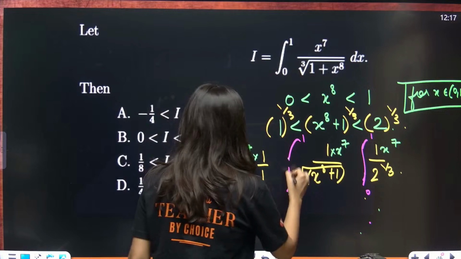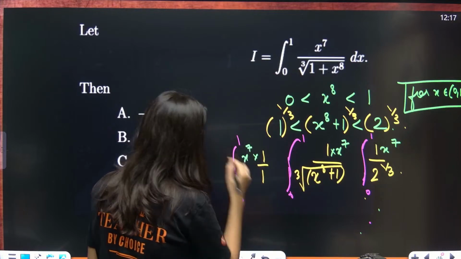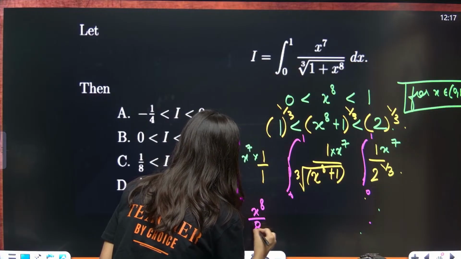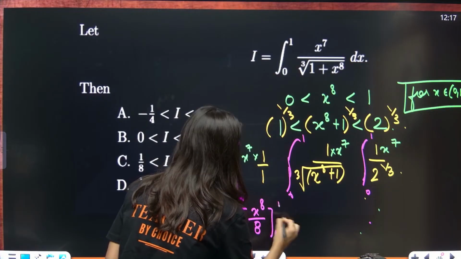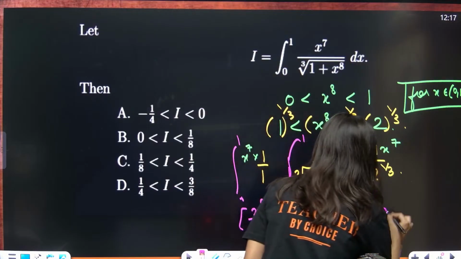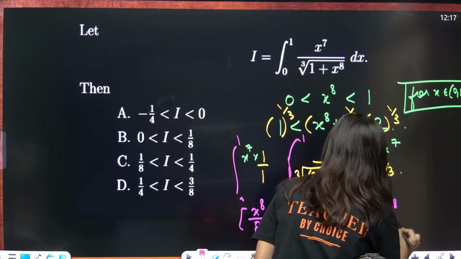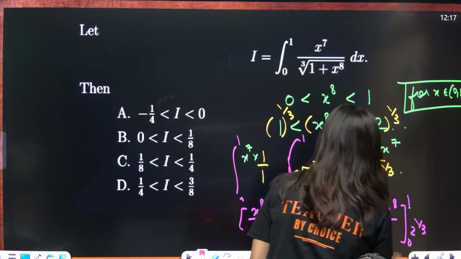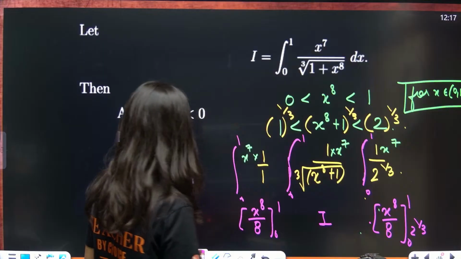So now you integrate x power 7. The integration of x power 7 is x power 8 upon 8, from 0 to 1, and this is your I. And this is again x power 8 by 8, and 2 power 1 by 3 is already there, from 0 to 1. Now if you solve it, what are you going to get?